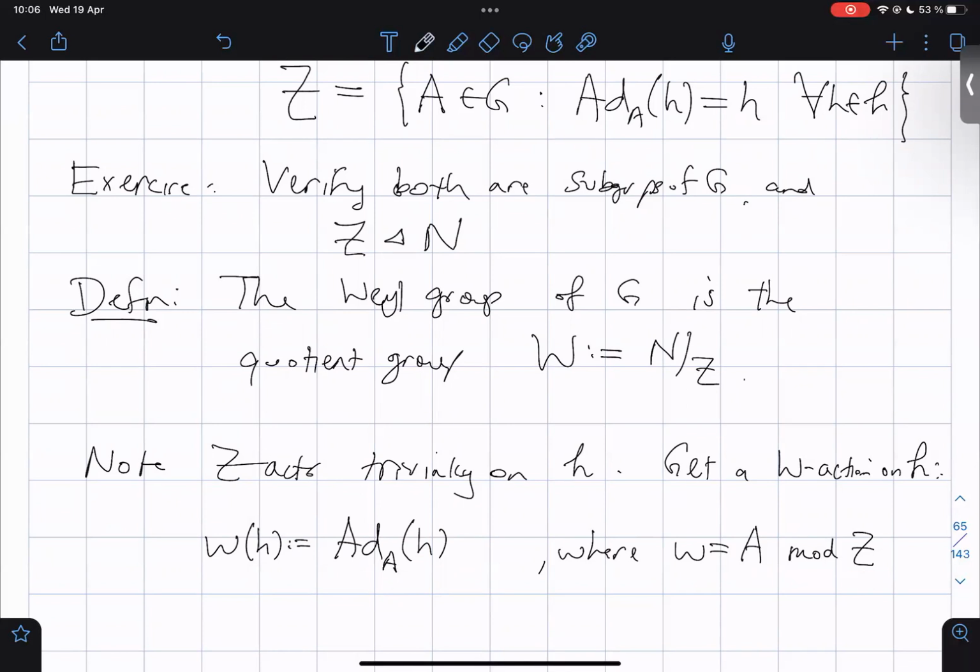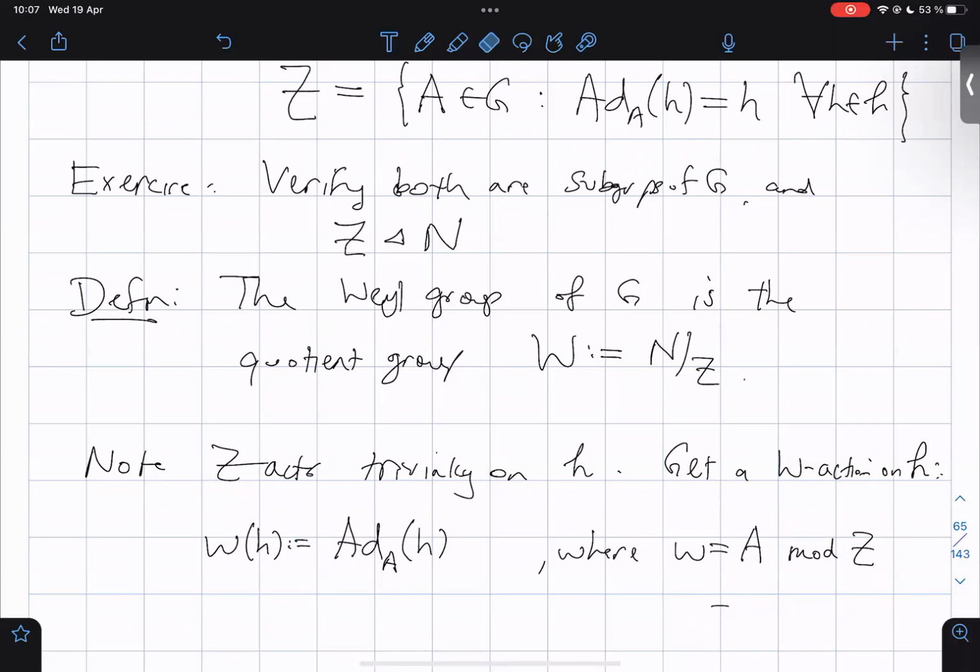So it doesn't matter what this is. Again, what do I mean by mod Z? I'm considering W to be something in this equivalence class. So you could take a representing element in the group to be A times some small z, where z is in Z. These guys act the same way, independent of what this little z is.